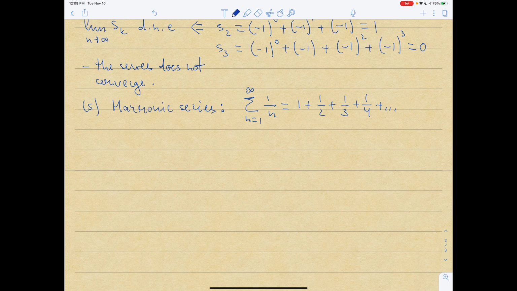Which means immediately the sequence of partial sums must be increasing in this case. And if it is increasing, then as we know, any monotone increasing sequence either goes to plus infinity or converges to some number.